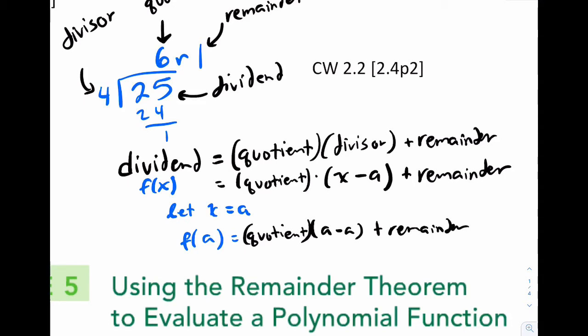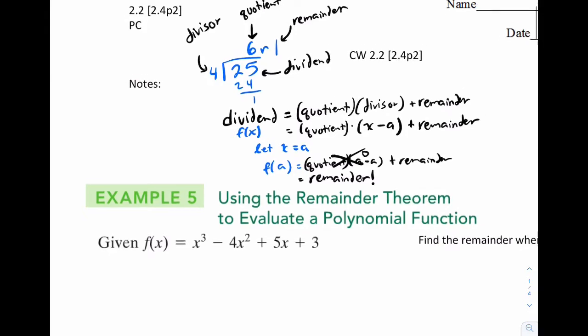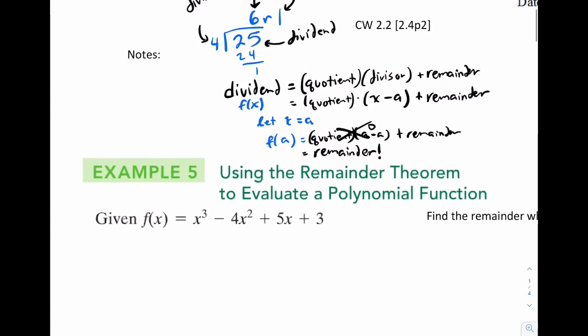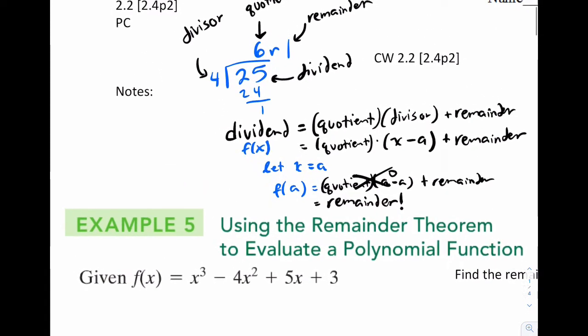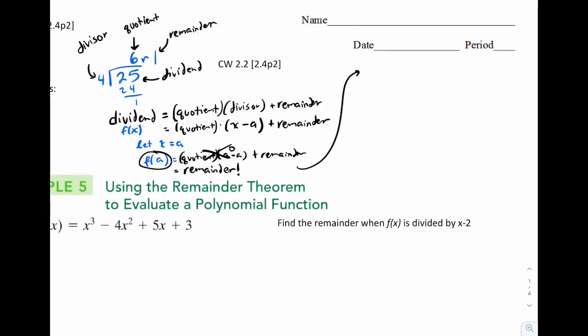But look at this, a minus a is 0, which means this thing doesn't matter, which means f of a becomes the remainder. Okay, now you're probably wondering, why did we do all that? This is actually an interesting find, because that would mean if you want to find the remainder, we can just use this, f of a. So this takes us to the remainder theorem.